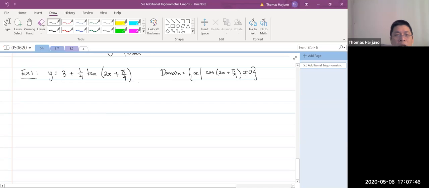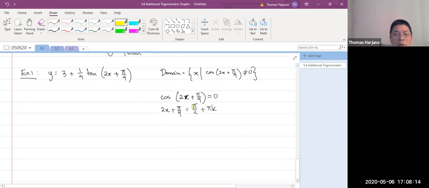The way you will think is as follows. Cosine of 2x plus pi over 4 equals 0 at what x? Then 2x plus pi over 4 will be pi over 2 plus pi k.